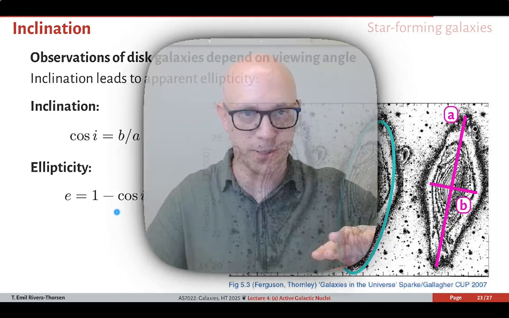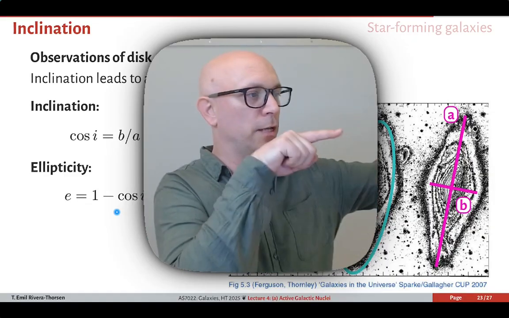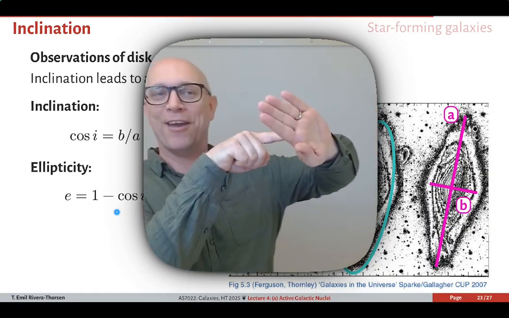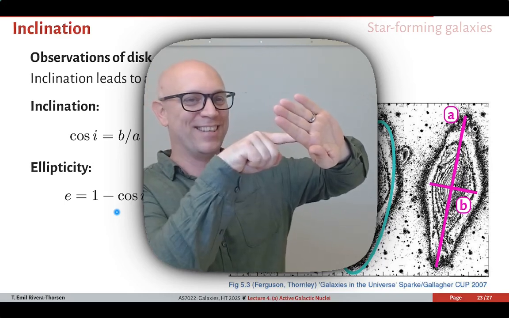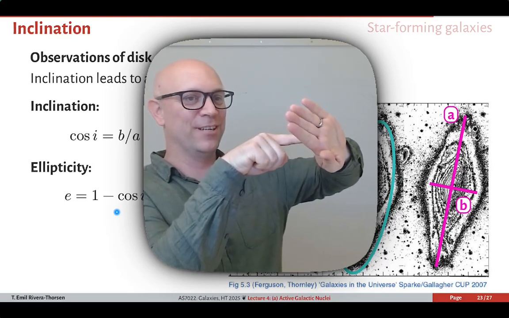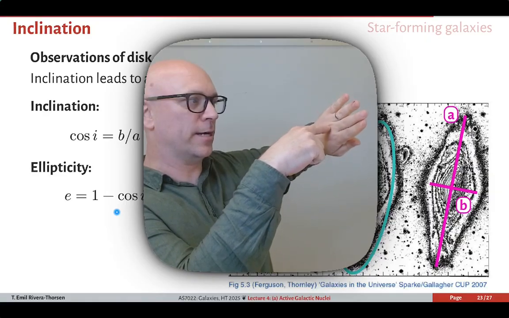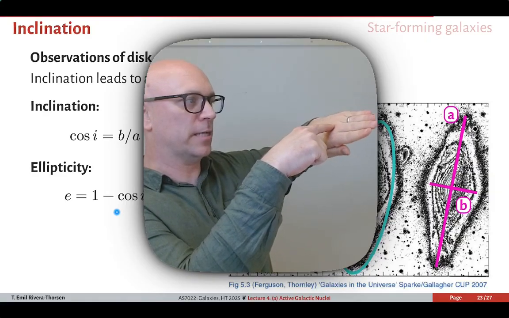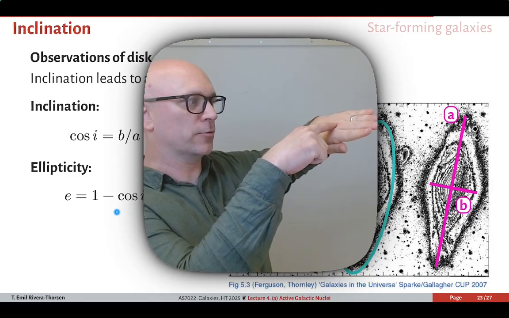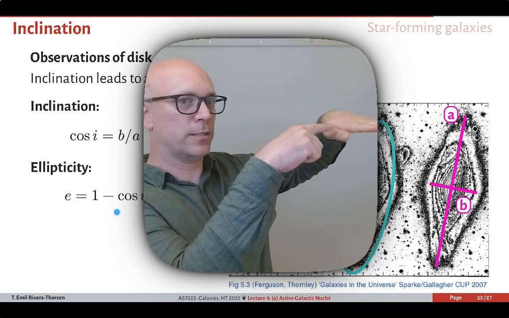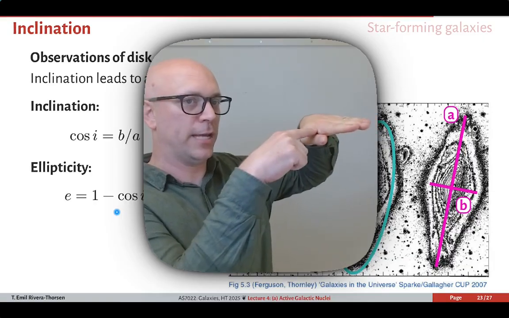So if we look at the galaxy like this, then the inclination is 0. But if we start tilting the galaxy like this, then the inclination angle grows until it is at its maximum of 90 degrees when we see the galaxy edge on instead.